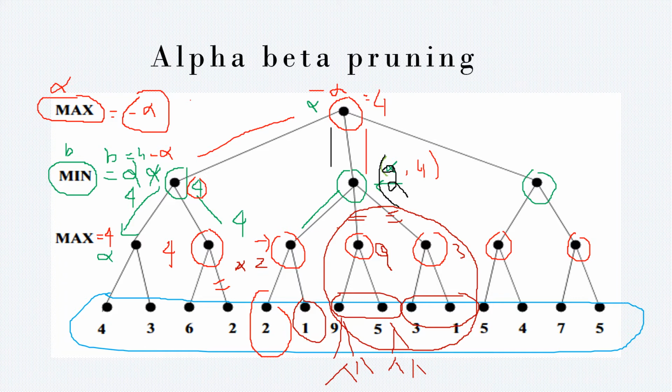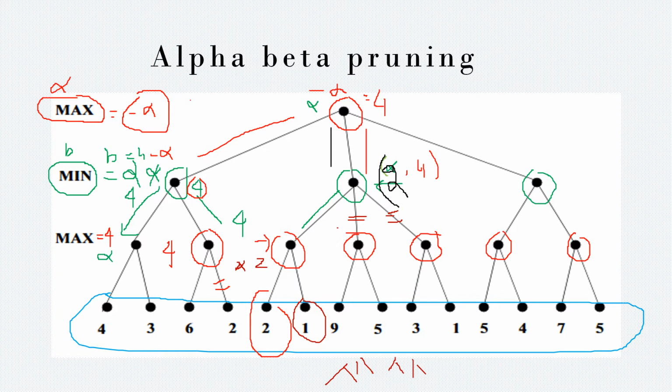Now I will again remove the circles and text. Now the search will backtrack, and here the value is equal to 4 at this node. The value of max is equal to 4. Now this will pass down the value: alpha will be equal to 4, and the value of beta is infinity.